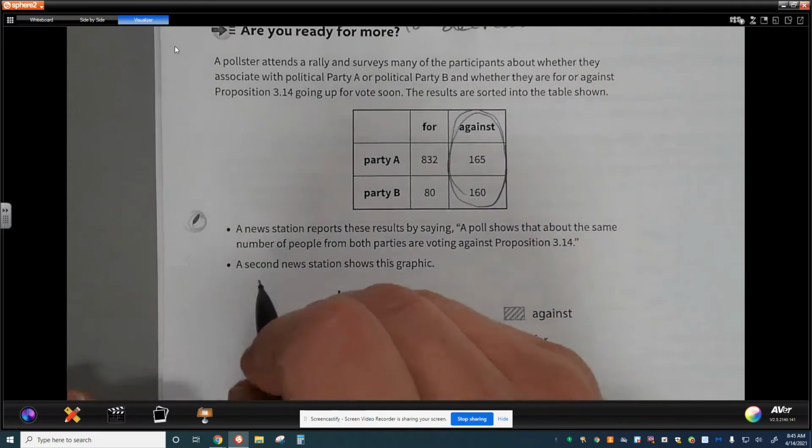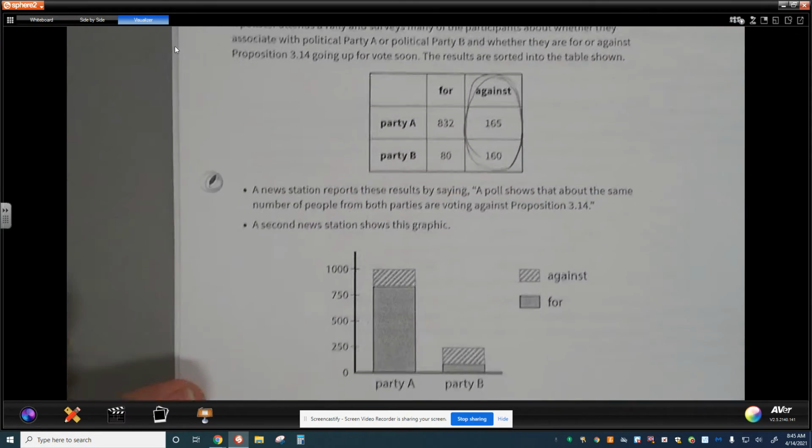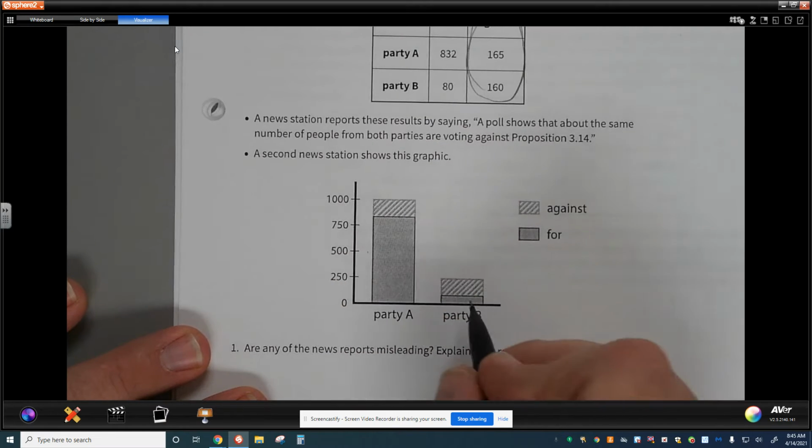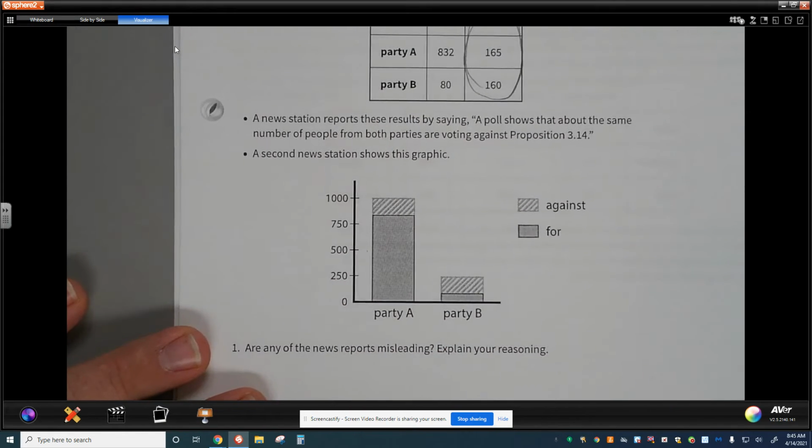That's pretty true. A second news station shows this graphic right here, that there were 1,000 people polled in party A, 240 people polled in party B, and we just see some information with for or against. Are either of these reports misleading? Explain your reasoning.